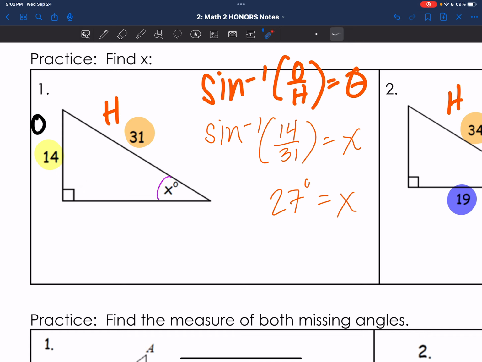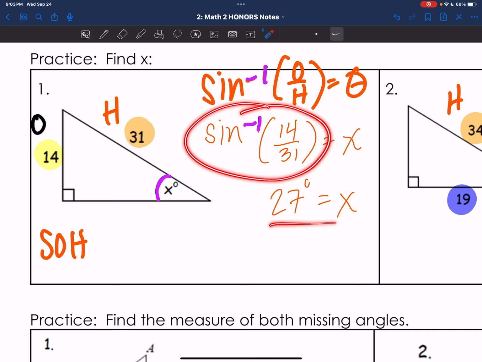So I've got opposite. Sine is opposite over hypotenuse, but since we're looking for the angle, now we have to do the inverse. So you're going to do the calculator where you're going to go inverse sine, plug that in, and you should get 27 degrees.